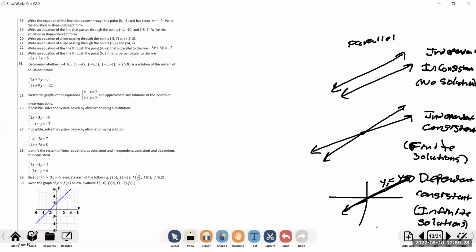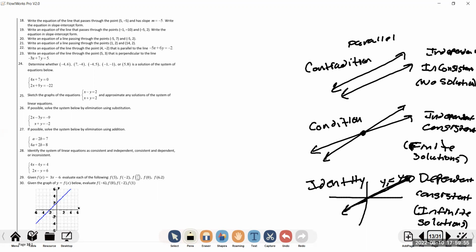You'll see this in some textbooks called a contradiction. This will be conditional because it's only true under the condition of that x value equals that y value right here, and this being called an identity because it's always true.